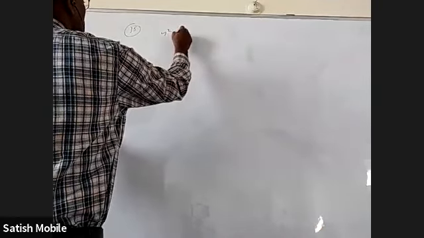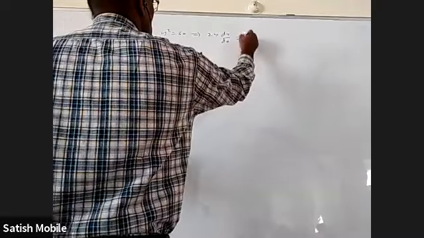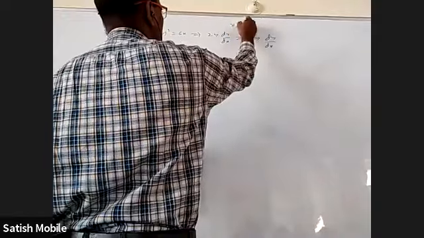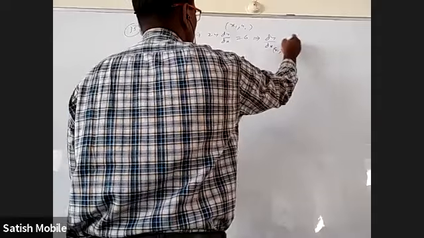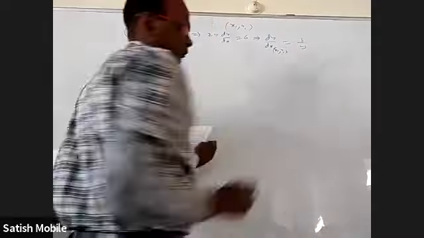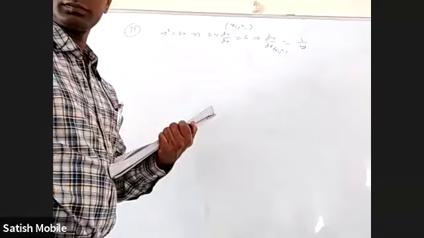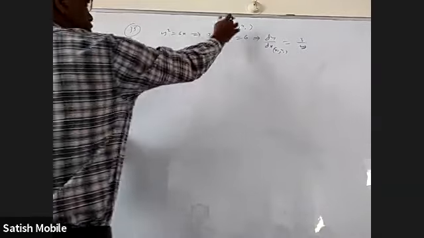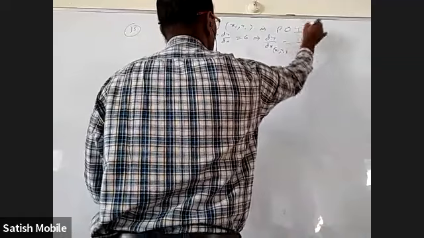y square equal to 6x, when I differentiate, 2y dy by dx is equal to 6. So I'll assume the point of intersection is x1, y1. So dy by dx at x1, y1 is 3 by y1. What is dy by dx for the second curve? Okay, let us assume x1, y1 is the point of intersection.